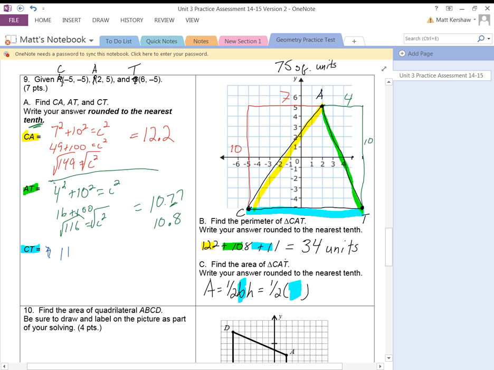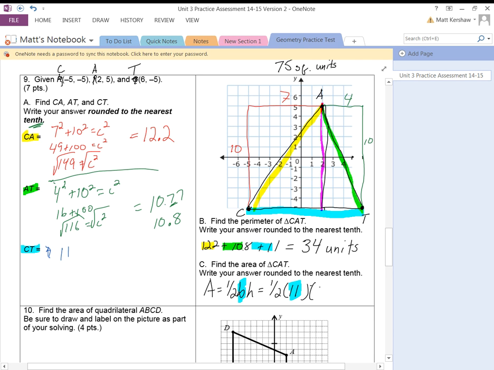The base was 11. And now I got to find the height. Well, the height of a triangle goes from the top down to the base. So it's going to be this line. And so we just need to count that. Well, we've already counted it over and over again. It's 10. So from here all the way up to here is 10.